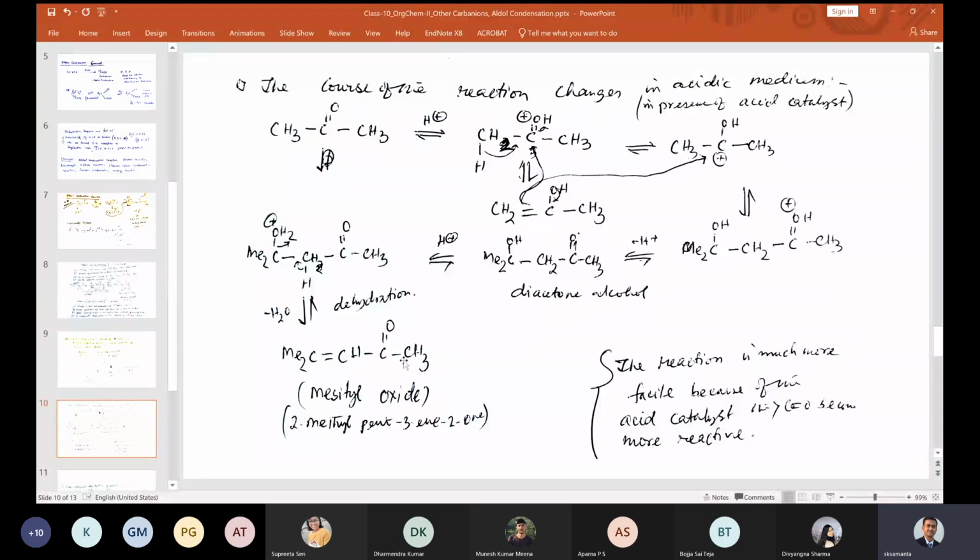It fulfills the criterion that you have one proton here which is acidic in nature. Then this double bond is also stabilized because you have the C double bond O group here, which could be in conjugation. Because of these two factors, the dehydration can take place.